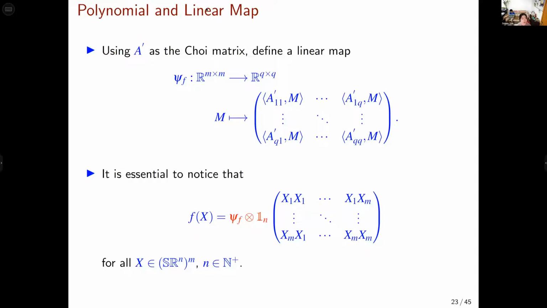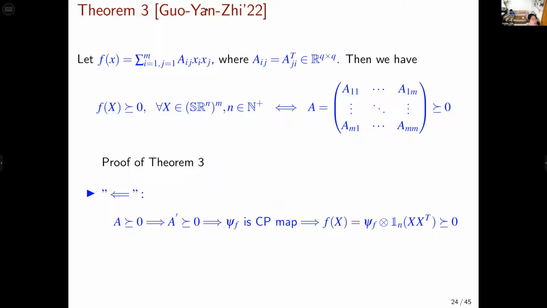So we have our Theorem 3. For a polynomial f, f is positive semi-definite for all x if and only if its coefficient matrix A is positive semi-definite. The proof of Theorem 3: first, the right part implies the left part.